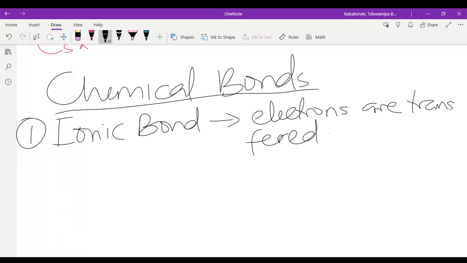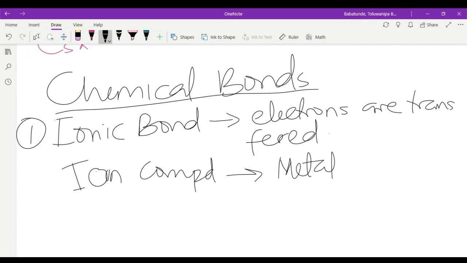Remember, ionic bond is found in ionic compounds, and an ionic compound, if you look through the previous note, contains metal plus non-metal.